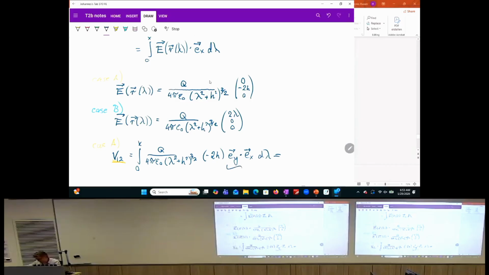We have only a y component for the electric field, but the line element is only in Ex. That means this inner product is 0, and as a result the integral is very easy to resolve. There's just 0 voltage as we move along.